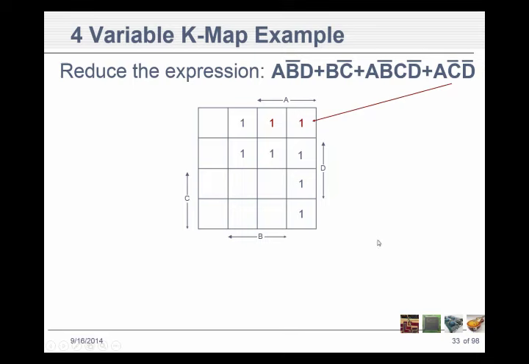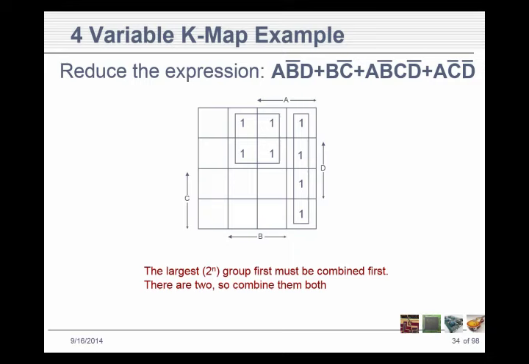Now what we're supposed to do, and most of you remember this, is find the biggest groups we can. We don't have to have redundancy. In some cases, if it says reduce it to the minimum, you don't want any redundancy. So our best two groups would be this, right? We got two groups of four. I could put in another group of four right here, but that would be redundant.